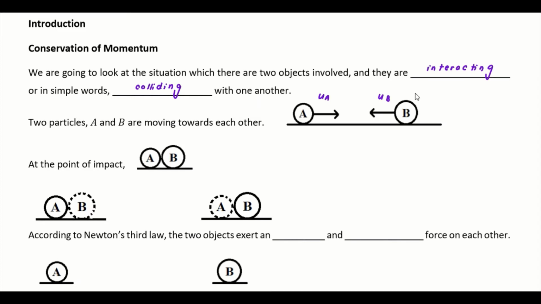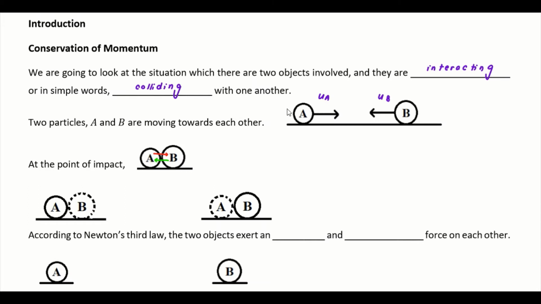The same thing happens when these two objects collide, so definitely there will be a force transferred from A to B. This is the force exerted from A to B. Similarly, because they are colliding with each other, B is going to exert a certain force on A as well. I use a different color here to show that the magnitude might be different.